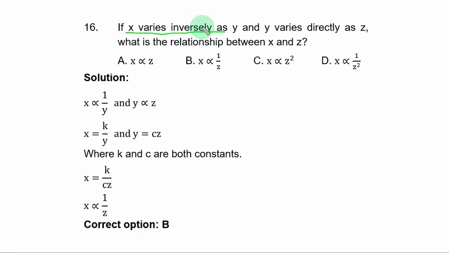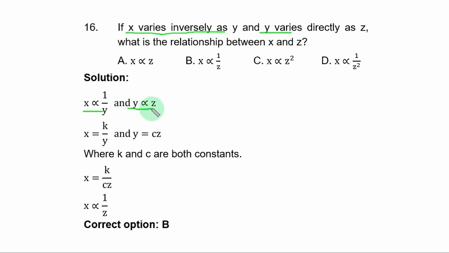If S varies inversely as Y and Y varies directly as Z, what is the relationship between S and Z? Solution. From the first statement, S varies inversely as Y is this, and Y varies directly as Z is this.